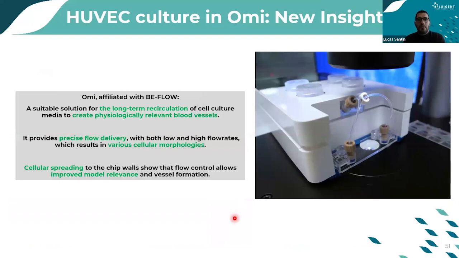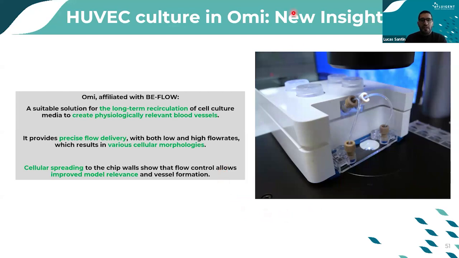So in a nutshell, what we saw here with OMI is that it is a suitable solution for long-term recirculation of cells in a microfluidic chip. It allows us to create a physiologically more relevant blood vessel than classical methods.